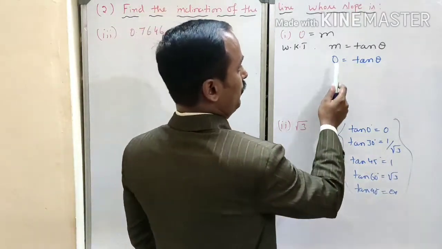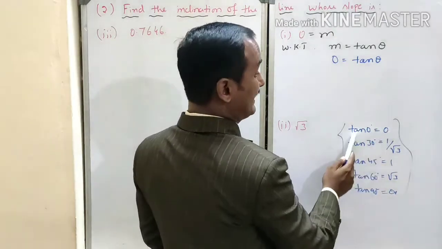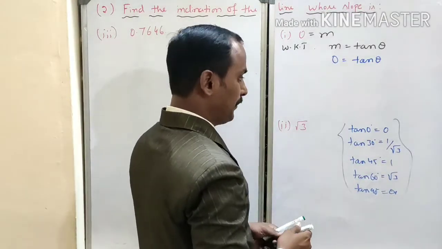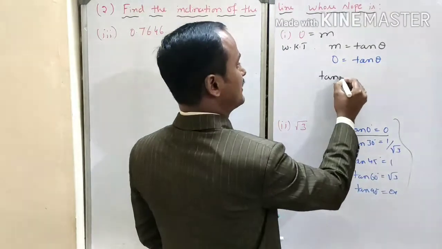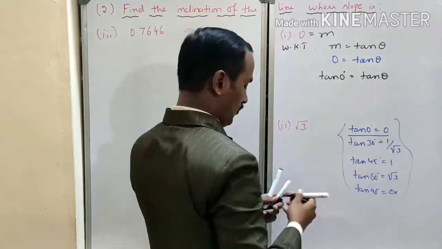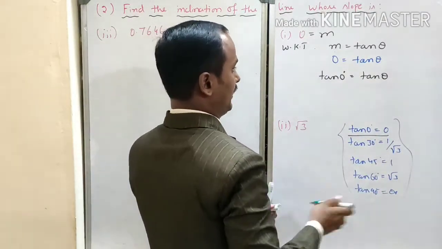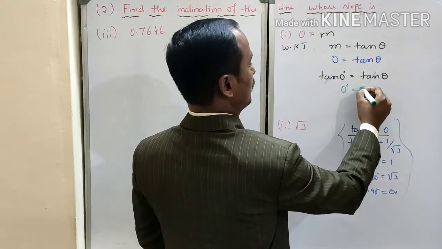Now, in which standard angle does the tan ratio give 0? Tan 0 degree. In the place of 0 I will write tan 0 degree is equal to tan theta, with the right-hand side as it is. Now, what is the next step? Tan on the left-hand side and tan on the right-hand side cancel. 0 degree is equal to theta.